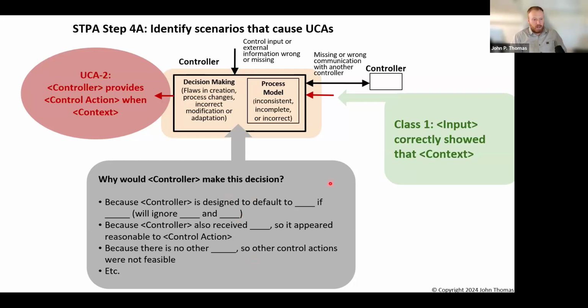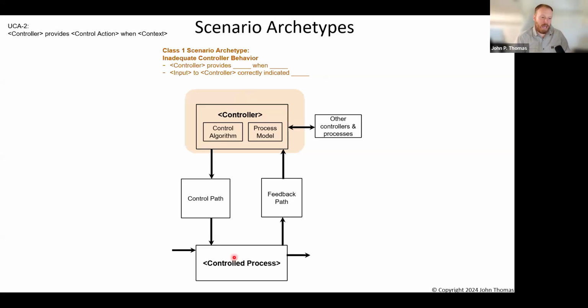But you can identify this high-level scenario. This is a decision-making scenario. You got input that correctly showed the context, and you made the wrong decision. You provided a UCA. Why would this happen? And there are some interesting reasons in addition to the failure cases. So as we go, let's map all of these onto a generic control loop.